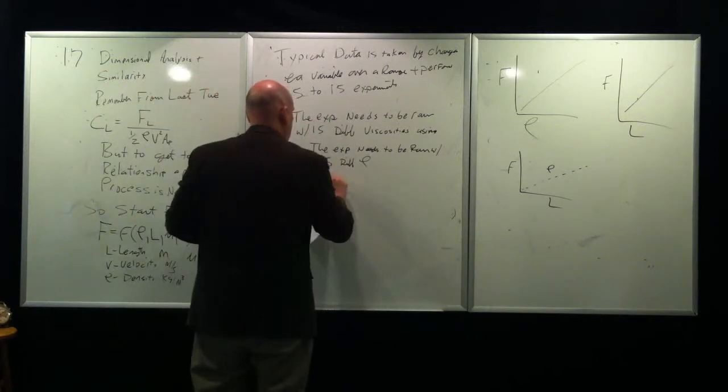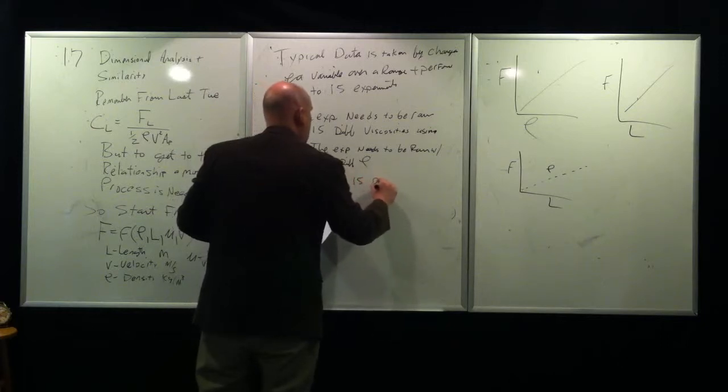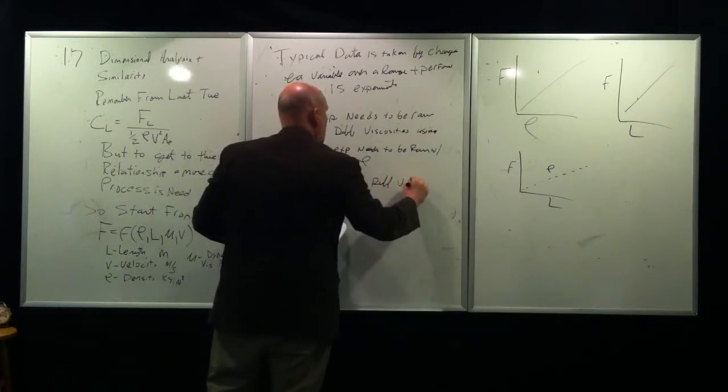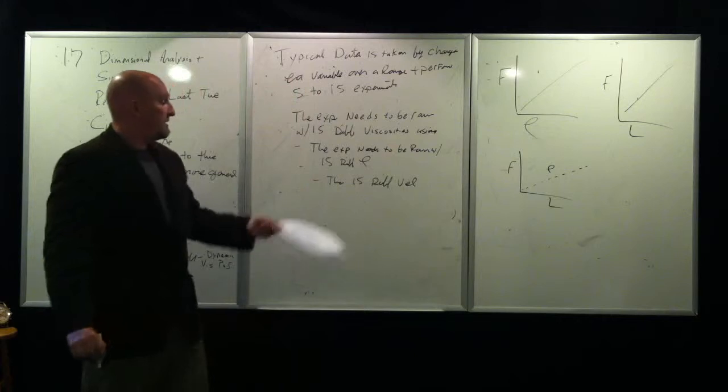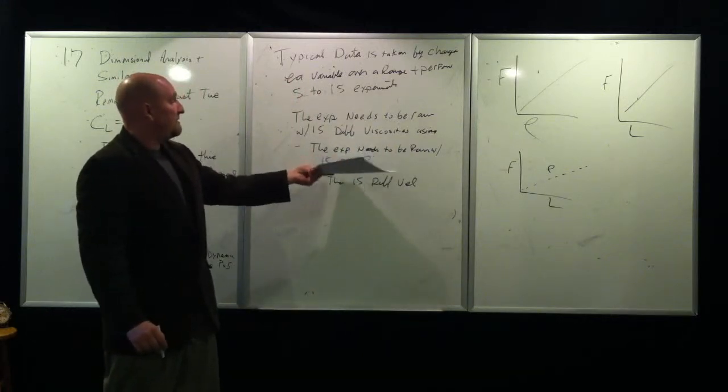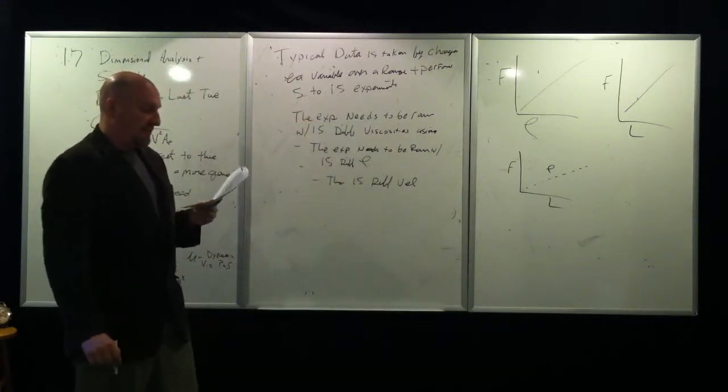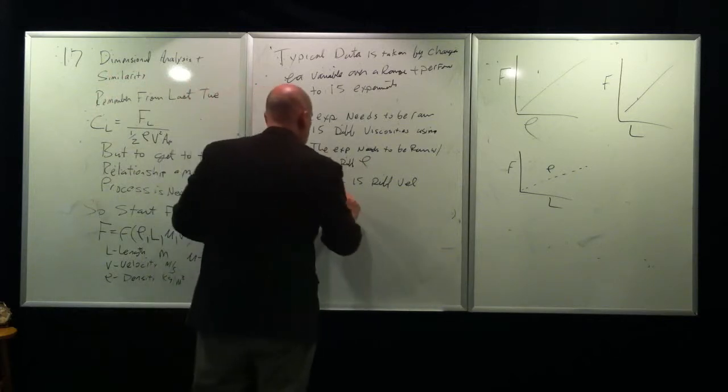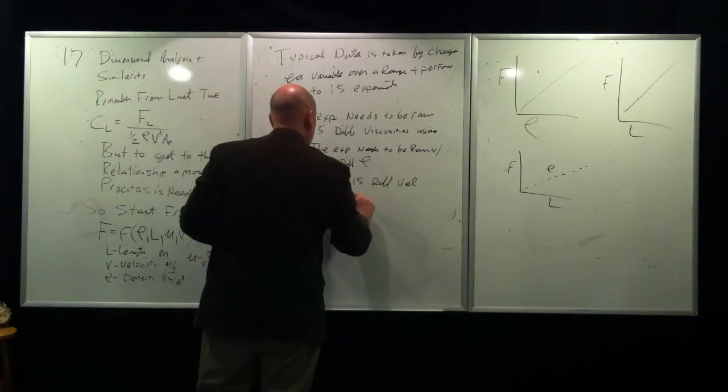Then 15 different velocities for each of the 15 different densities for each of the 15 different viscosities. And then finally the same thing for the lengths.